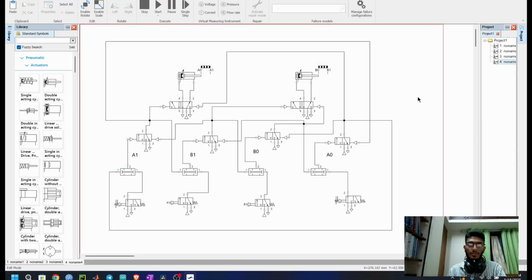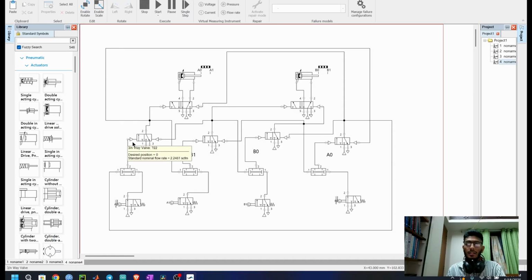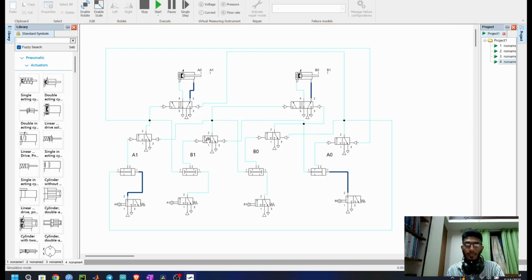So this is the simulation part. As I mentioned, you can see that I have no 3 by 2 DCV's initial position on the left side. So if I start this sequence, then watch carefully what happens. See, nothing will happen.